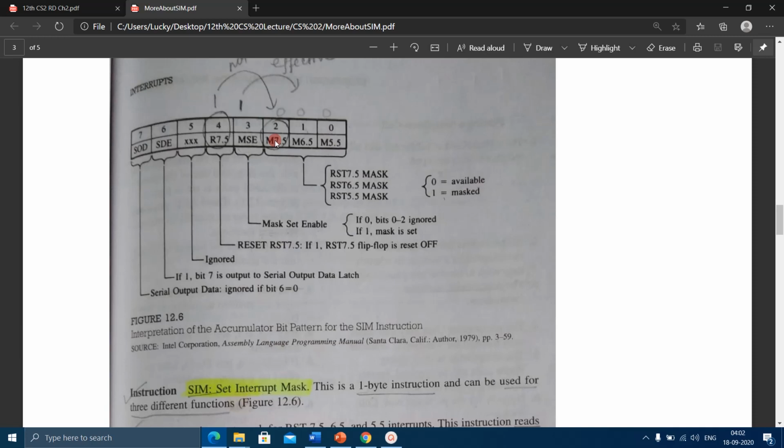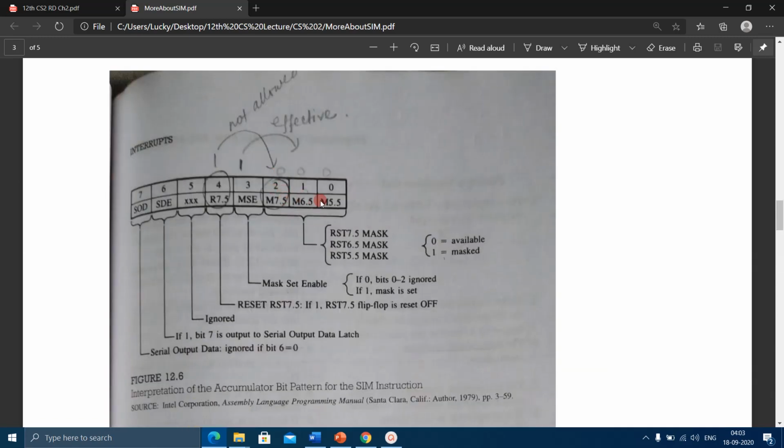When you relate it with the microprocessor, when it is 0, the processor will give service to this interrupt RST 7.5. When it is 1, the microprocessor will ignore it. You can relate these with instructions given by the respective executives. This is for the president, this is for the vice president, this is for the manager.